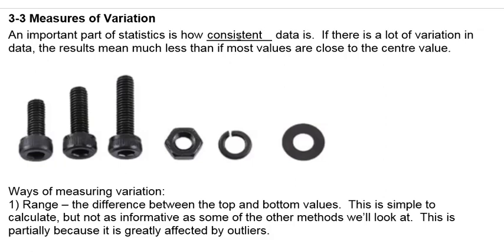Another thing that we want to be considering when we're looking at variation is manufacturing. If I am building something with something like these bolts, nuts, and washers that we have here, we want to make sure these things fit together. So it's not enough that this bolt has an average diameter that fits into this washer. It needs to be consistent, right?